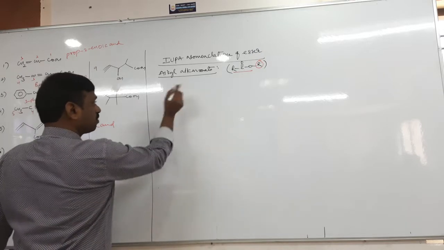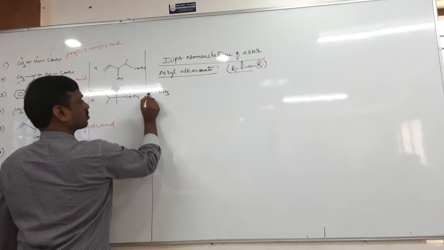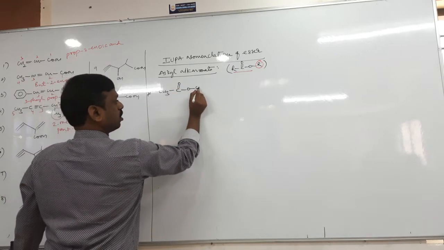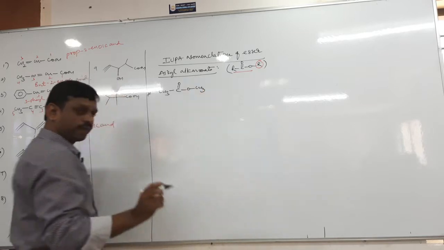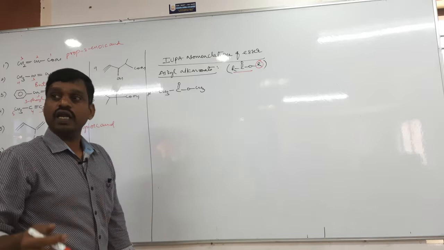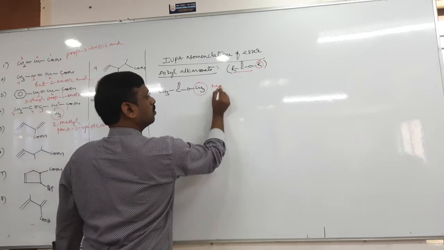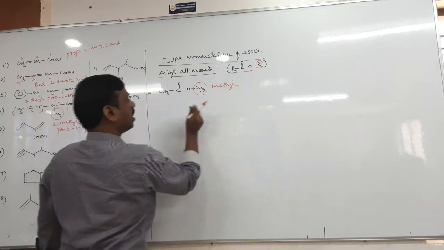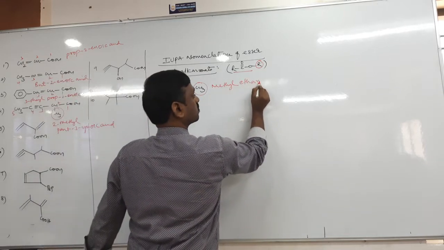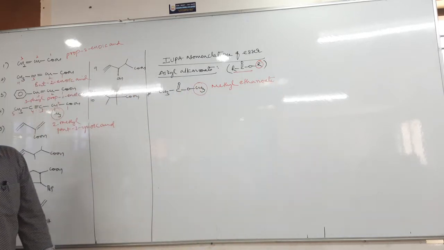Right. For example, let us take CH3, C double bond O CH3. Tell me, what is the IUPAC name of this? It is an alkyl alkanoate. So, here it is methyl ethanoate.